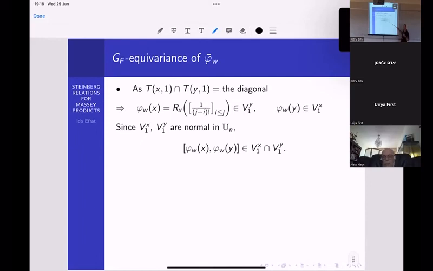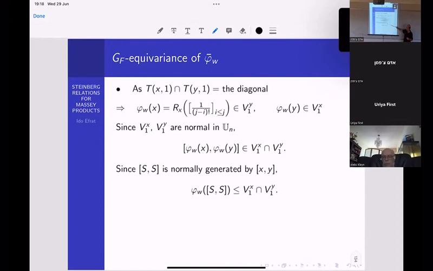Also, as this fundamental group or commutator subgroup is generated as a normal subgroup by the commutator of x and y, it means that the image of phi W of the commutator is the action of an automorphism in the absolute W on Y. Remind, it was like this. We took exponentiation by the cyclotomic character and then conjugation by some commutator.